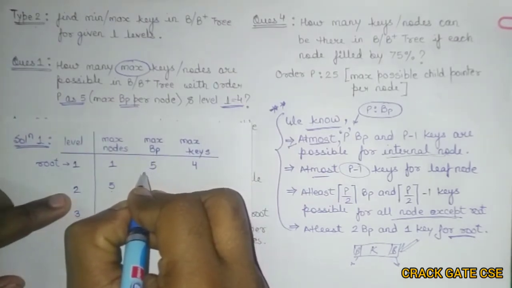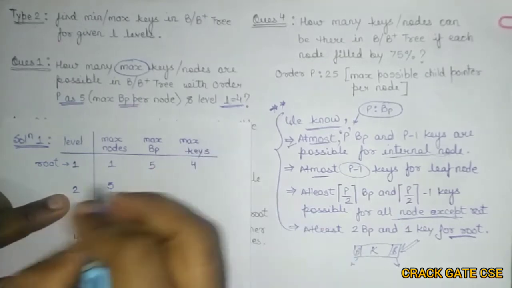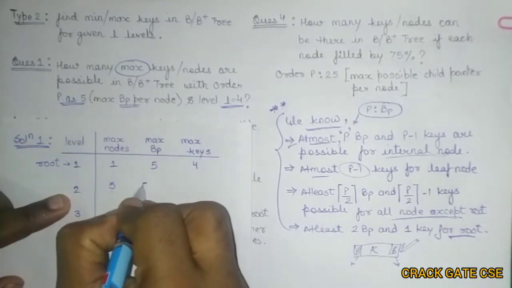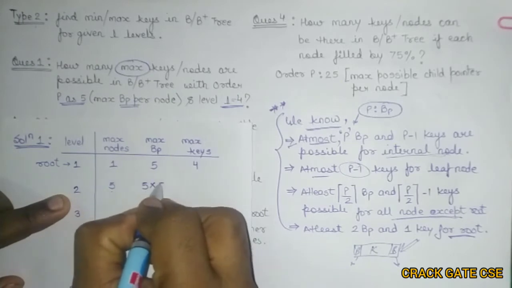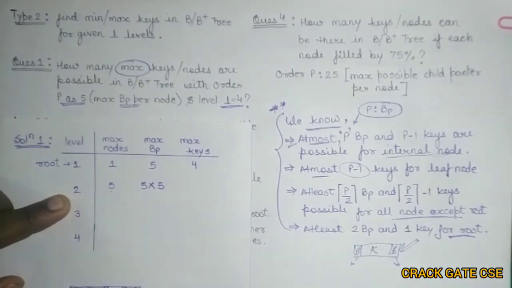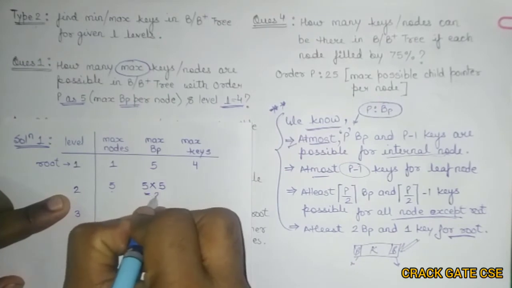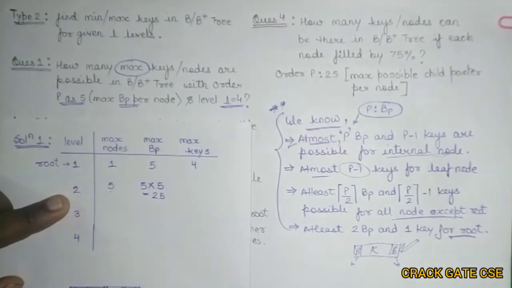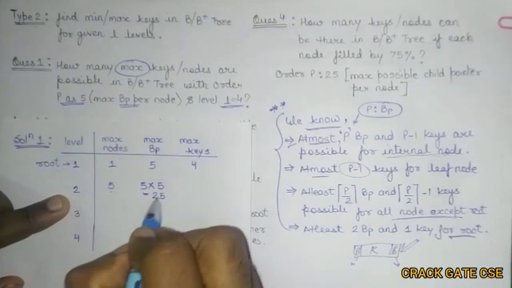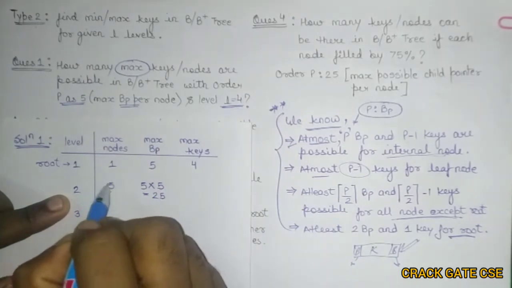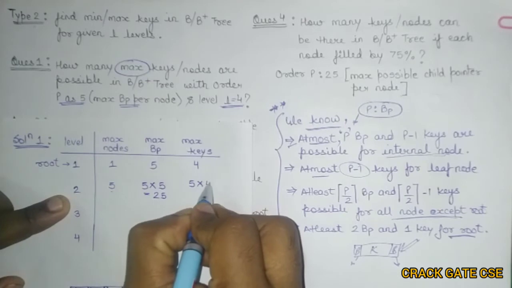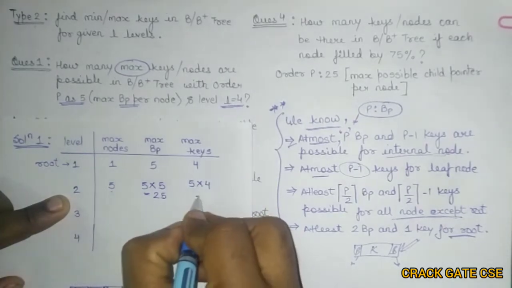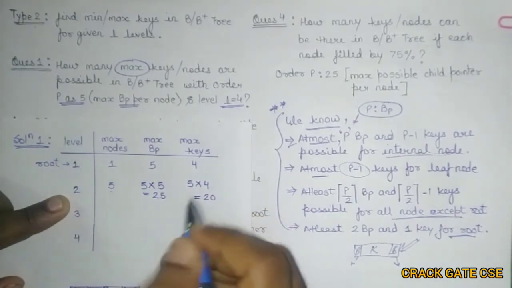So in this second level, how many block pointers can be possible? 5 nodes are there, and in each node there can be 5 block pointers. That means it will be 25. And if there are 5 nodes, in each of these nodes maximum 4 keys are possible. That means there can be 20 keys.